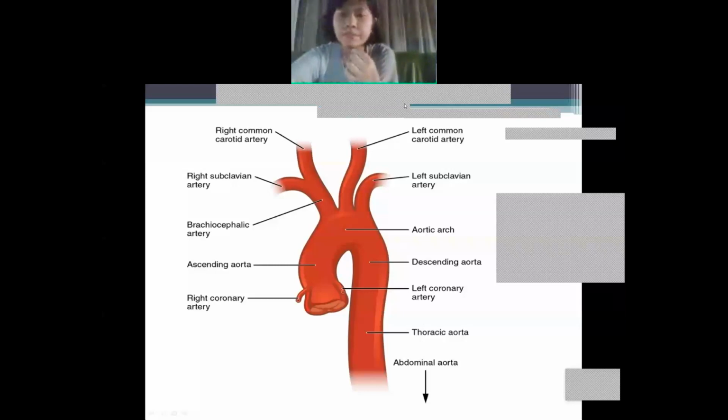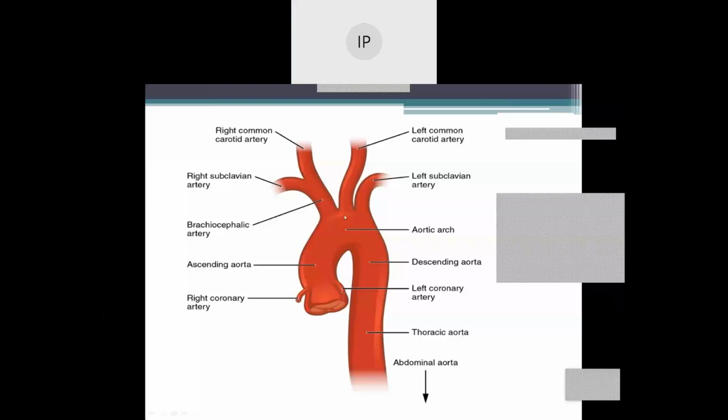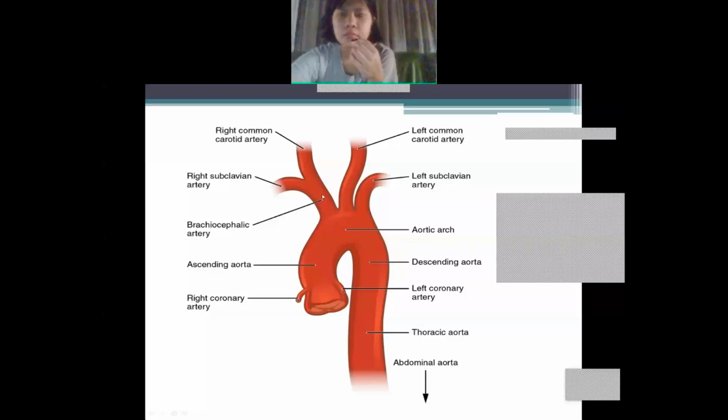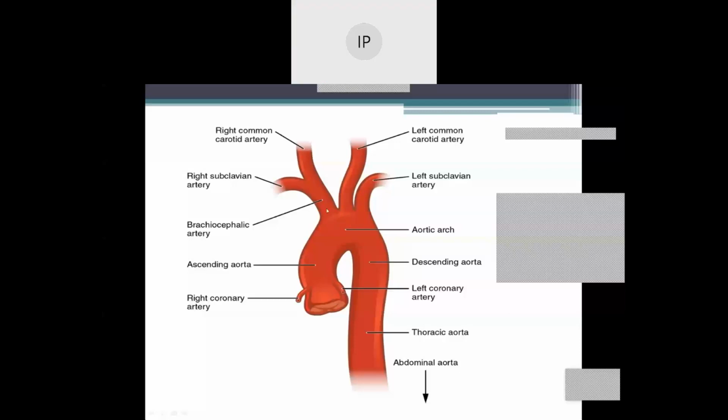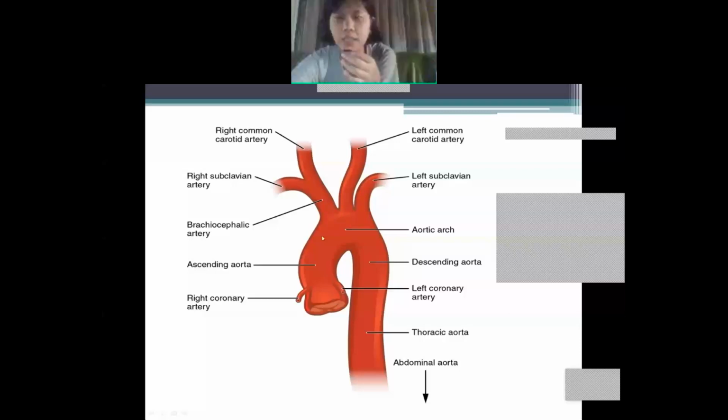Okay, Ishan, tell me, this aortic arch, it is divided into how many parts? Ma'am, three parts. Okay, name them. Ma'am, ascending aorta, descending aorta. No, no, no. This one, the aortic arch, only this portion. I'm not asking all, I'm asking only this portion.